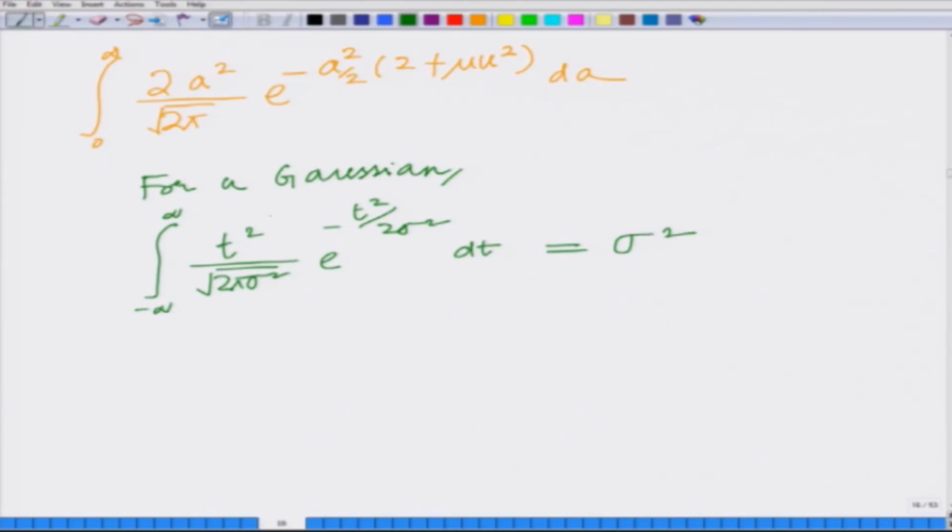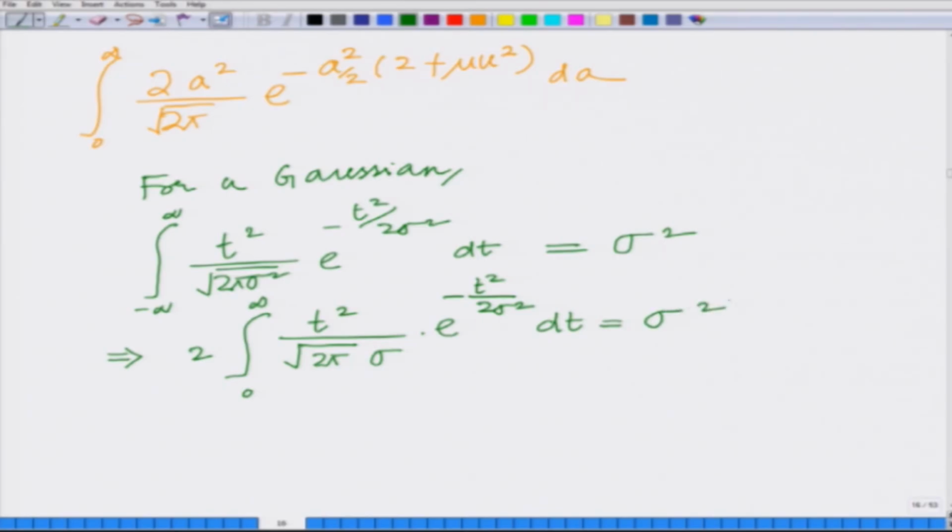And now, you look at this, the integral involves t square, so it is symmetric for negative and positive values of t. This implies it is twice the integral from 0 to infinity of t square divided by square root of 2 pi, bringing the sigma out, e raised to minus t square divided by 2 sigma square dt, equals sigma square.